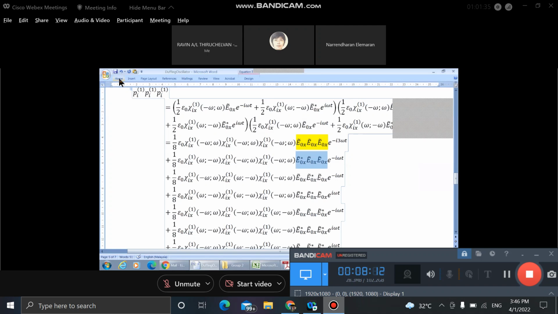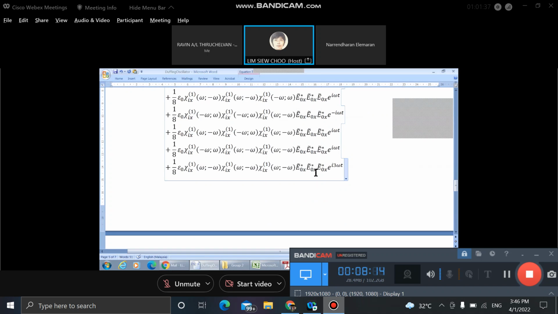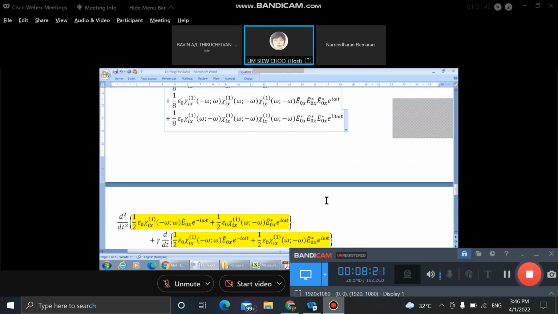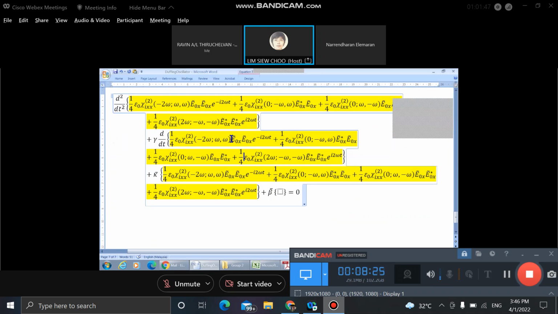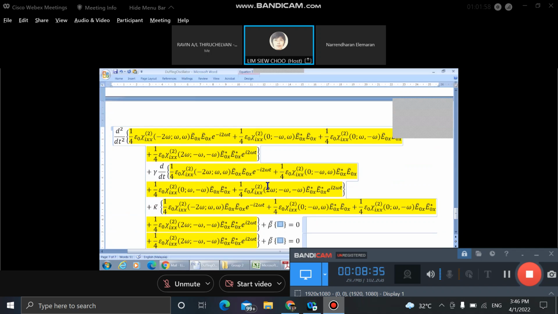When you collect the terms with the same powers of E field, you can see that all these fields are two field. So when you solve like this, the chi 1 is actually here, but the fields are not matched. So when you solve all this, the chi 2 are all 0.